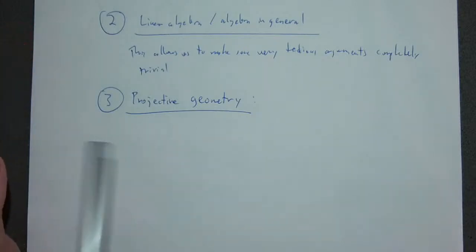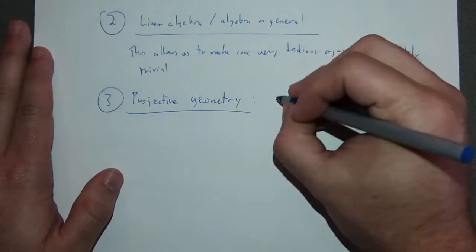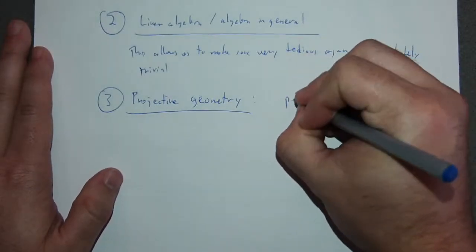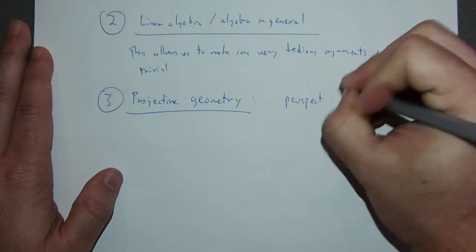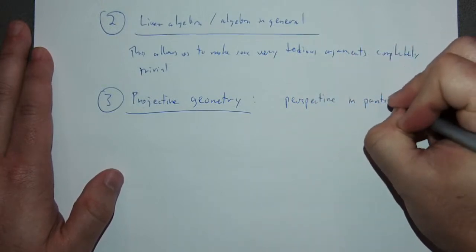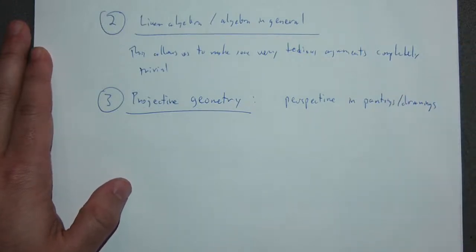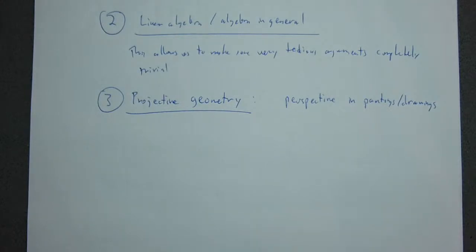There were early theorems in projective geometry from thousands of years ago, but the most likely place that you've encountered this before is perspective in paintings, drawings. And we'll see some examples of where this arises.